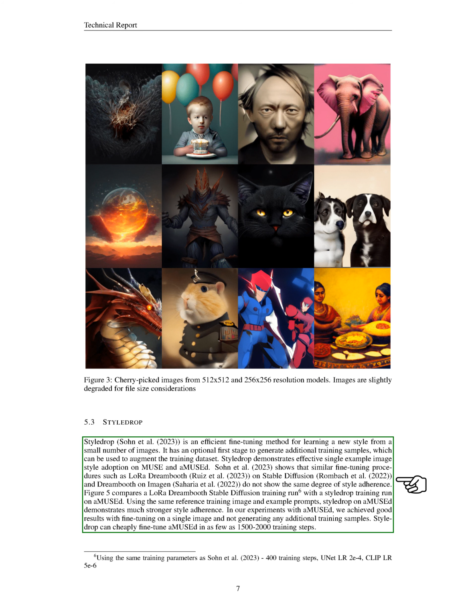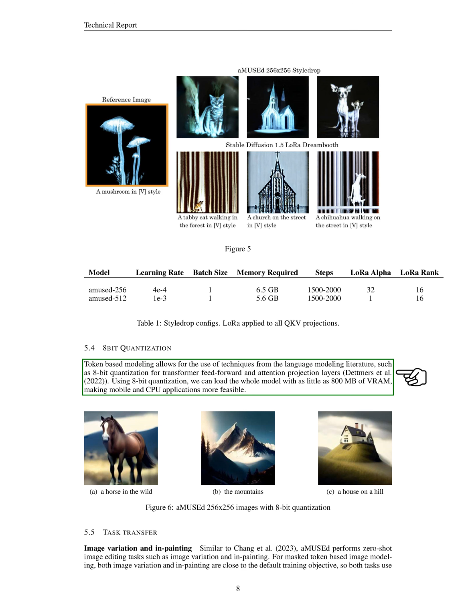Section 5.4, 8-bit quantization. We've adopted a method known as 8-bit quantization, a technique borrowed from language modeling, to enhance our token-based modeling. This approach allows us to compress the model so that it fits into just 800 megabytes of video RAM, VRAM. This makes it possible to run the model on mobile devices and CPUs, which typically have less memory than dedicated GPUs.